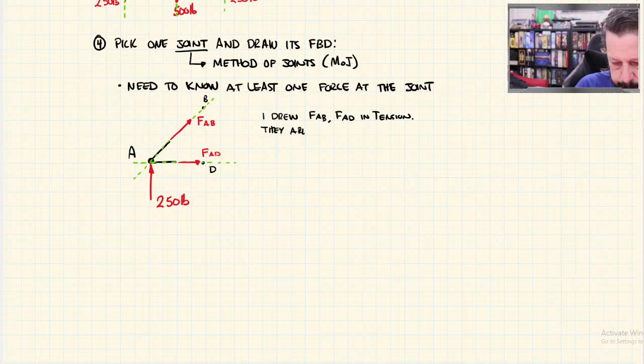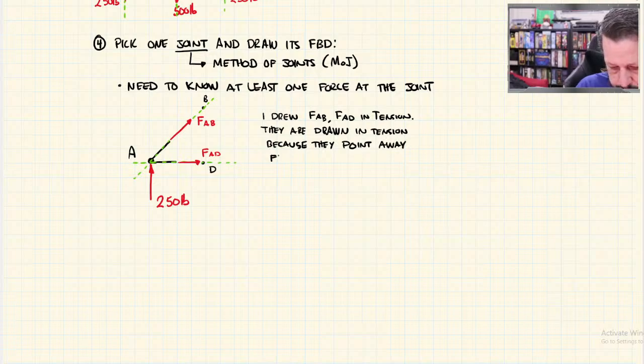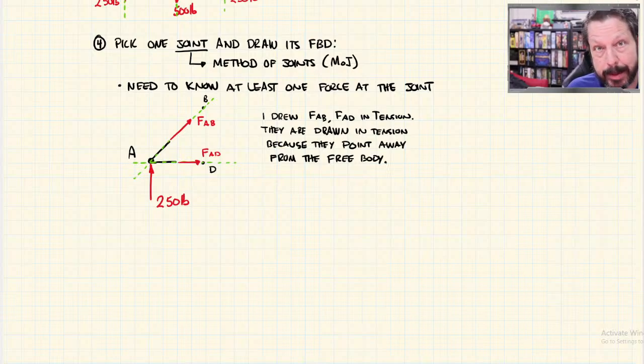They may not be in tension, but they are drawn in tension because they point away from the joint, the free body diagram. They point away from the free body. In our case, the free body is just joint A or pin A.